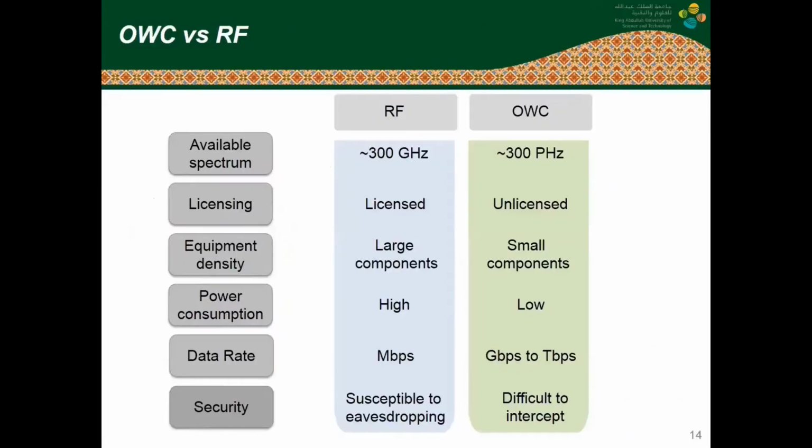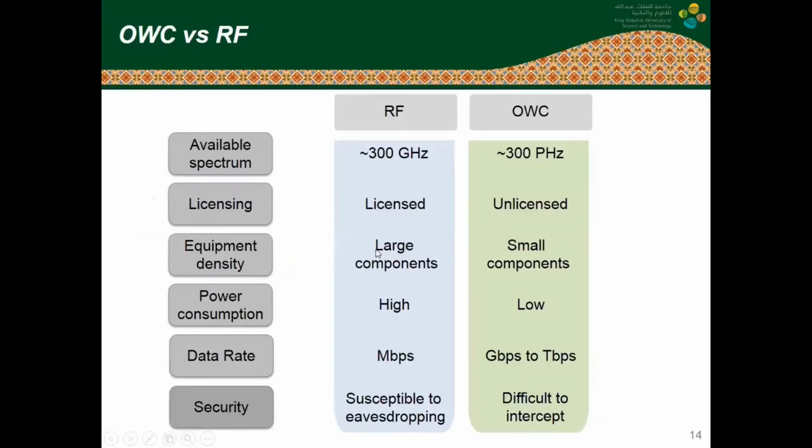So if you try to compare RF versus optical, obviously the available spectrum is much higher. We have this interesting observation that while the RF spectrum has been and is probably always going to remain regulated, so you need a license to operate on it, the optical part of the spectrum is currently unlicensed.